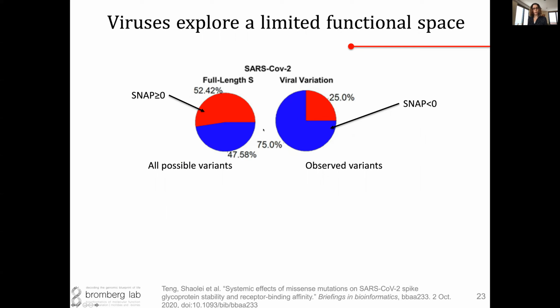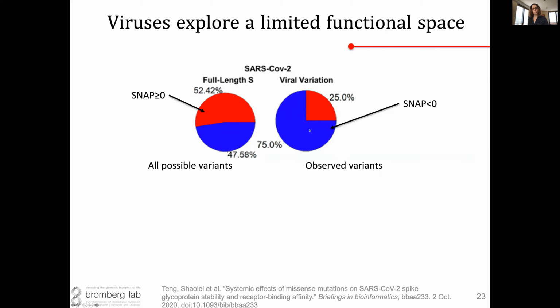We know that for a full set of all possible variants of the spike protein, 52% have an effect. And curiously, of the variants that are observed, so of the strains of SARS that we see, only 25% have an effect. So an effect could be deleterious, in which case it would probably not persist in the viral population, or it could be beneficial, and that's how the virus would evolve.